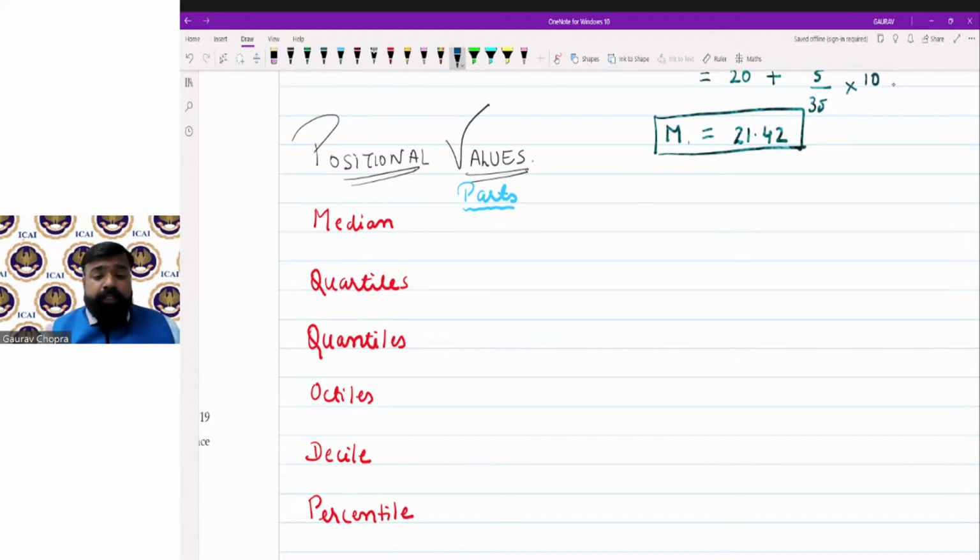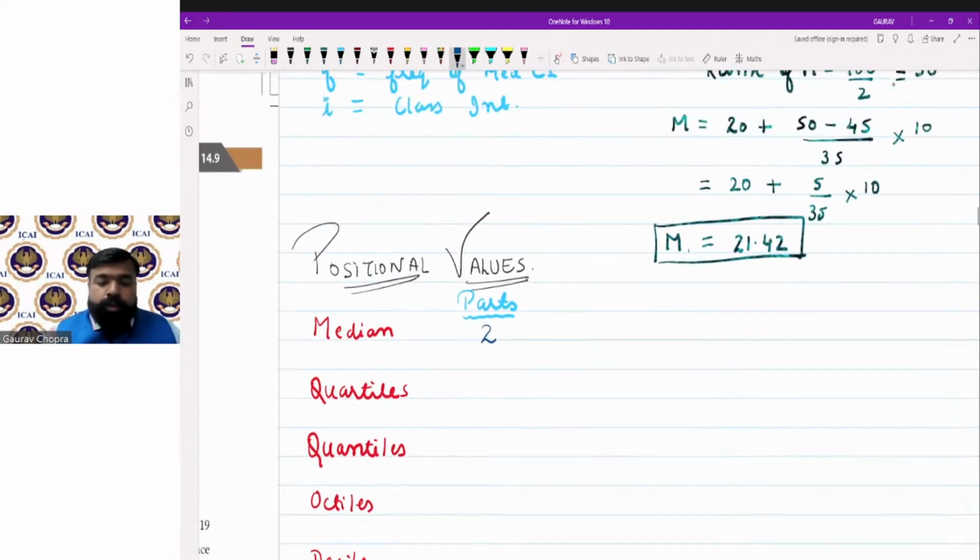Median divides an arranged series into two equal parts. Let's say this is the series of median. Median is dividing the series into two equal parts. So 50% of observations will lie on the left-hand side, before the median, and the remaining 50% will lie after the median.